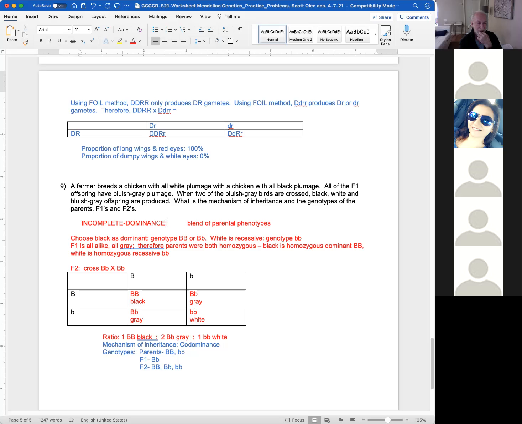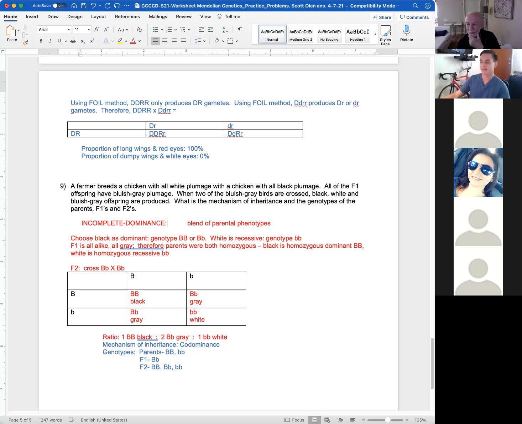But in codominance, both alleles are equally strong and will equally express. So what might we get for a chicken in codominance? Like a spotted chicken, a black and white feather. Absolutely. So you can think of it like a Dalmatian or a zebra where it's got some black feathers, some white feathers, maybe even the feathers are black with white spots or something, but you will see both colors. So that's a great key.